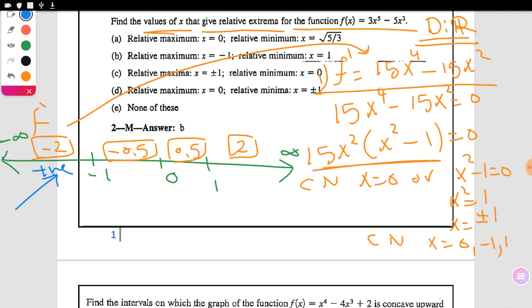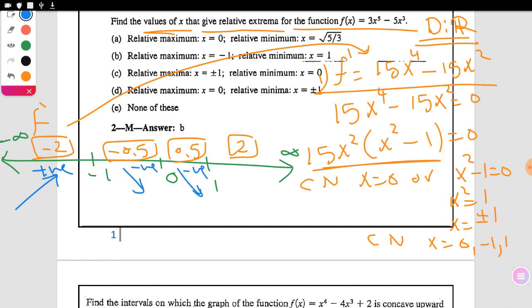Negative 0.5: you can use the calculator, it's trivial, but don't forget, when you replace negative 0.5 or any negative value in the first derivative, put it between two brackets. It means 15 times open bracket negative 0.5 close bracket, all to power 4. When we raise to a power, please put the value between two brackets, especially if it is negative. It will be negative, so the function is decreasing.